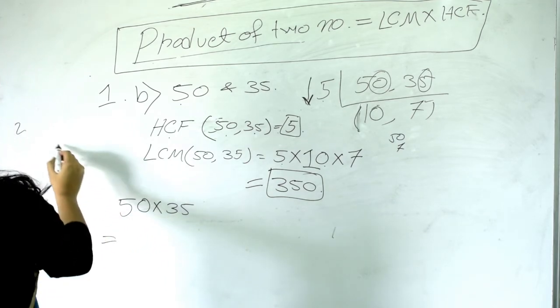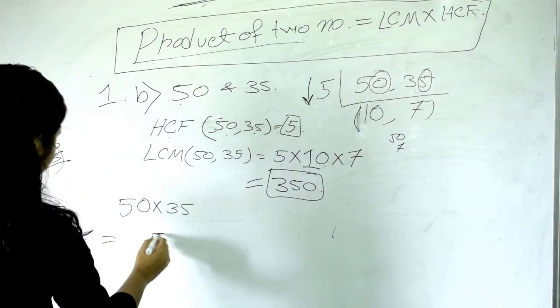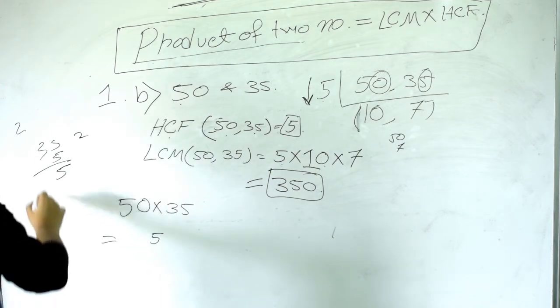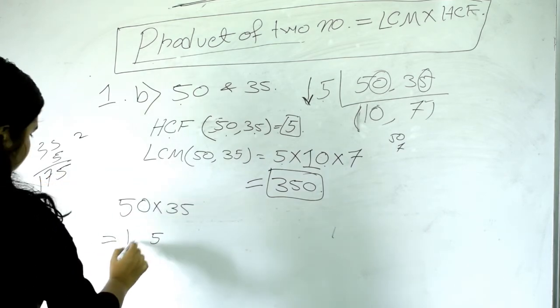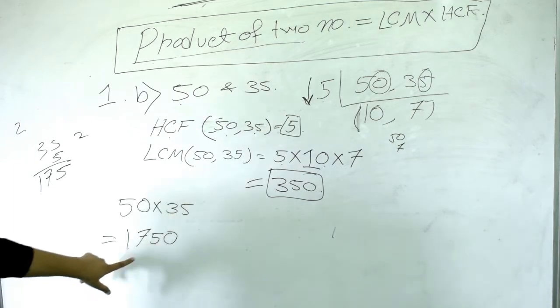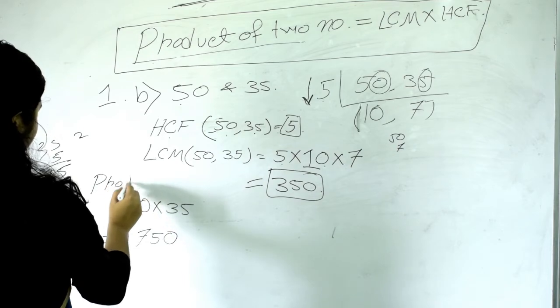Take the multiplication: 5, 2 15s, 17. So 1750 is the product of the numbers.